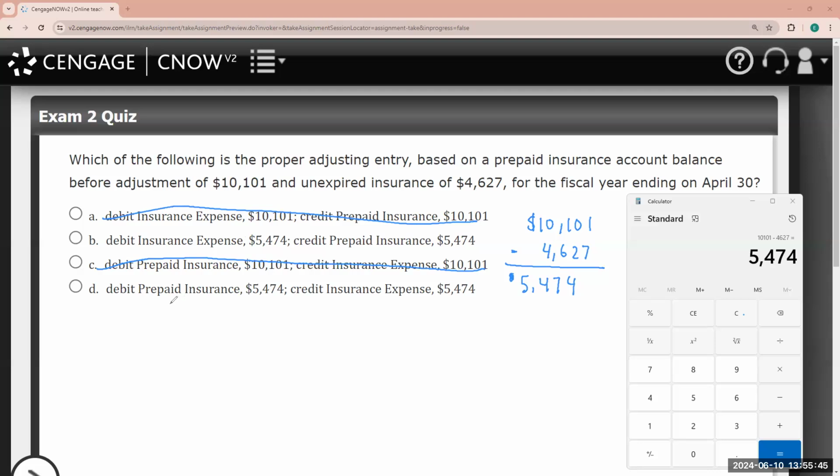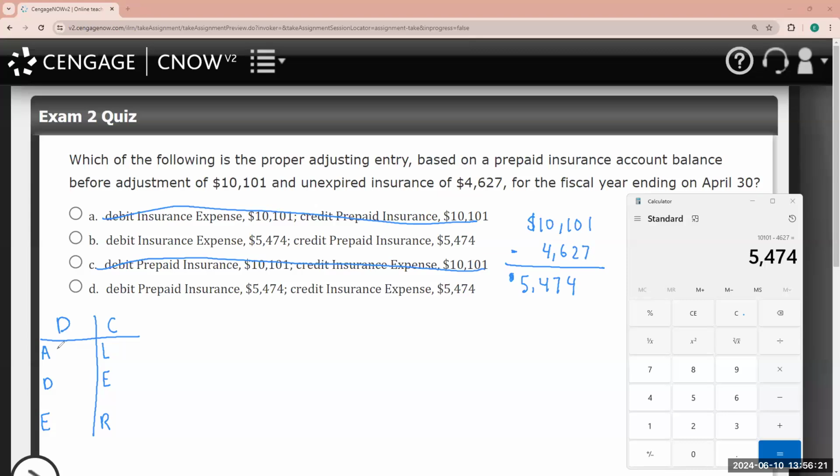Now, in order for us to ensure that we are recording the correct journal entry, we need to go back to the fundamentals of our debits and credits and recording our journal entries. So in order to remember such, we have our DEALER, or D, C, Adler. And what this reminds us is which accounts are increased with the debit and which accounts are increased with the credit.